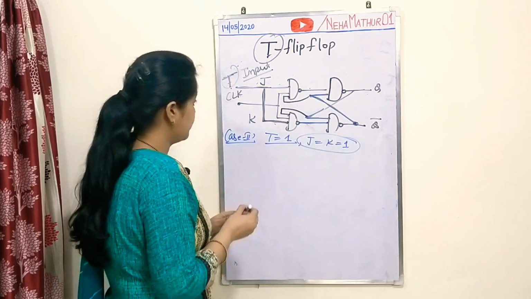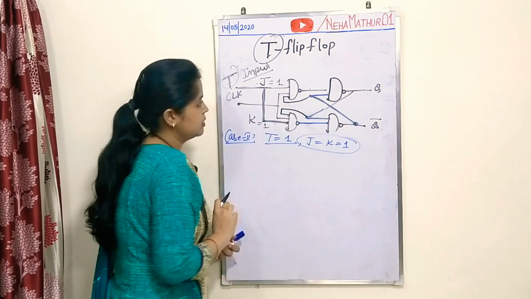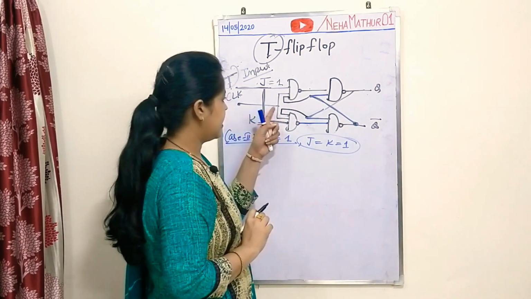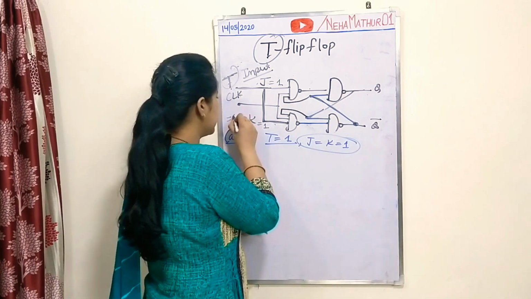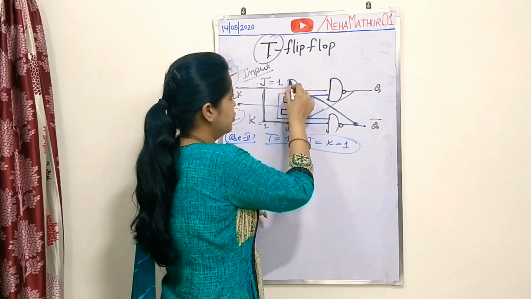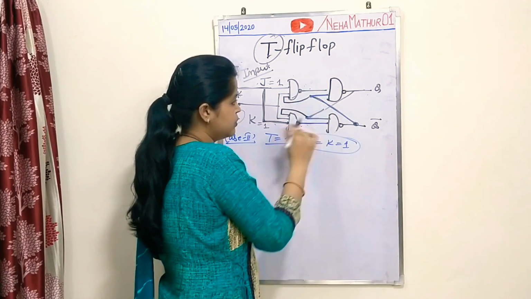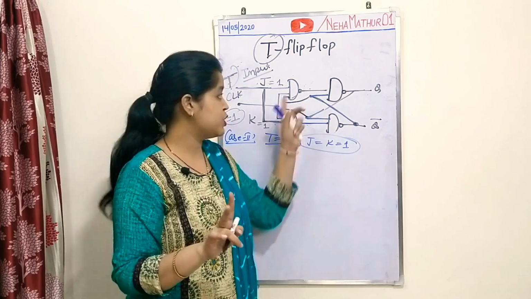So when J is 1 and K is also 1, clock is already set at 1. Now you cannot find what will be the output for both of these first two gates.